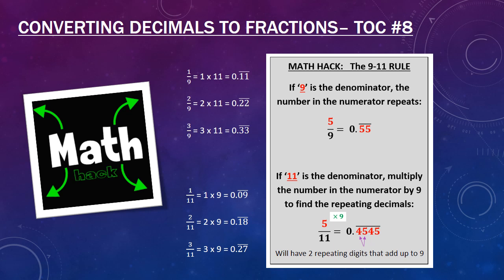You can remember that because 1/11 is very small, less than 1/10. Then 2/11, you take 2 times 9 and get 18, 18, 18, and the 1 and the 8 add up to 9. Then 3/11, you multiply 3 times 9 and get 27, 27, 27, and the 2 and the 7 add up to 9. Hopefully you see that pattern, because math is all about patterns.